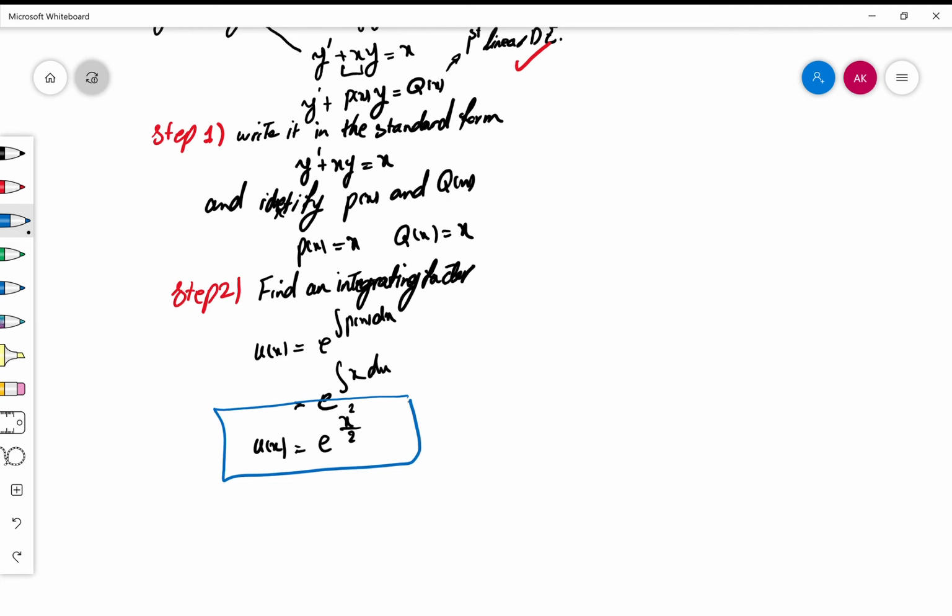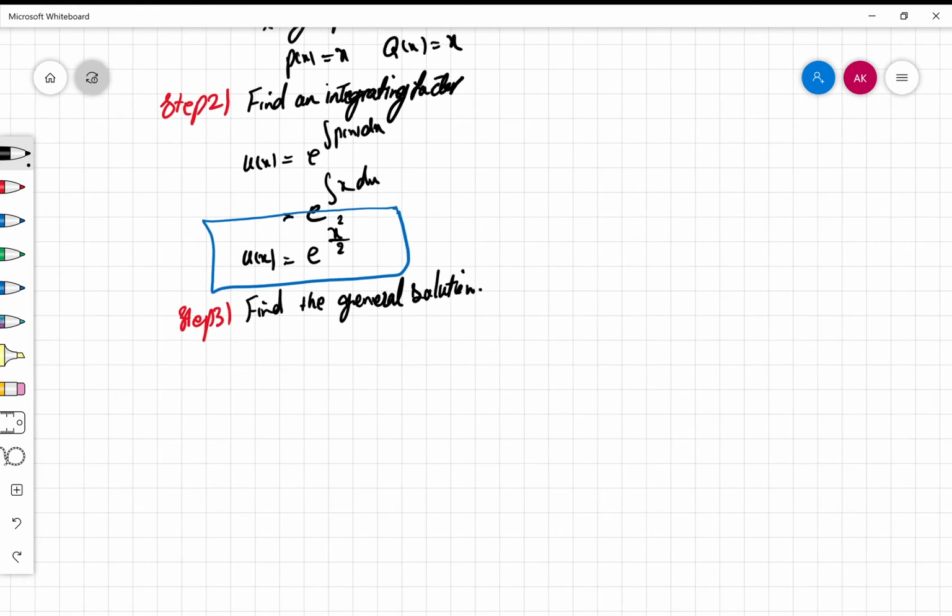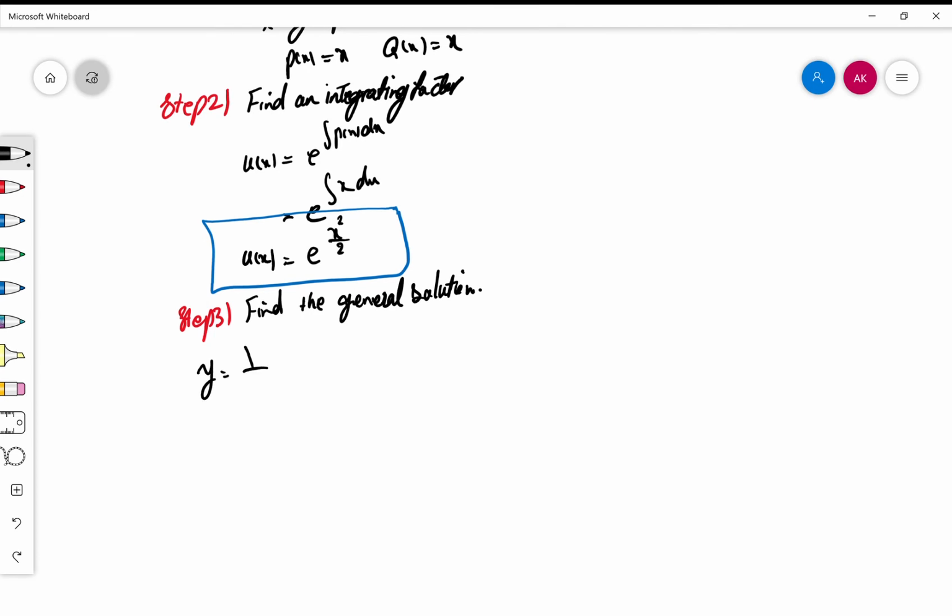Then in the third step, we find the general solution. Here what you need to remember is the formula. The general solution is 1 over u(x) times the integral of q(x) times the integrating factor, and then I'll put that c outside so that you don't forget it.